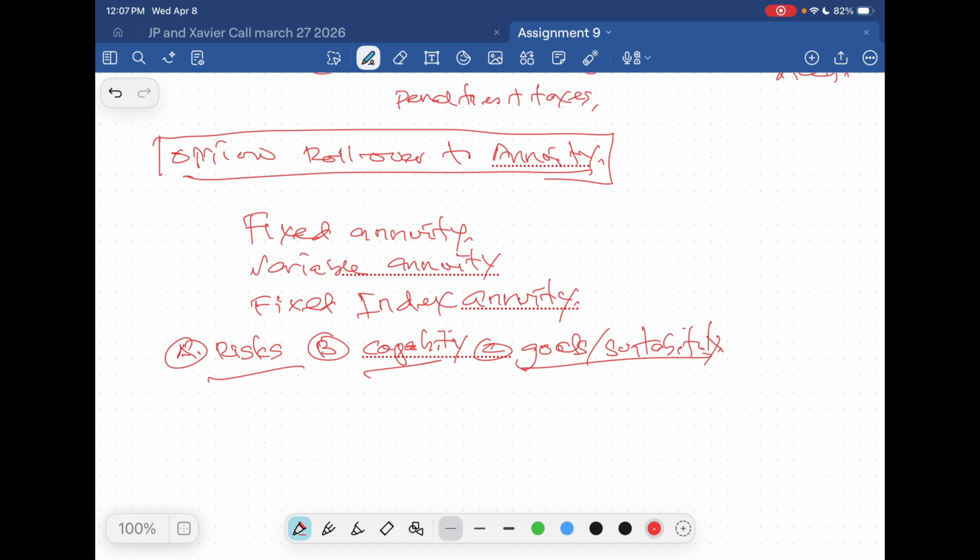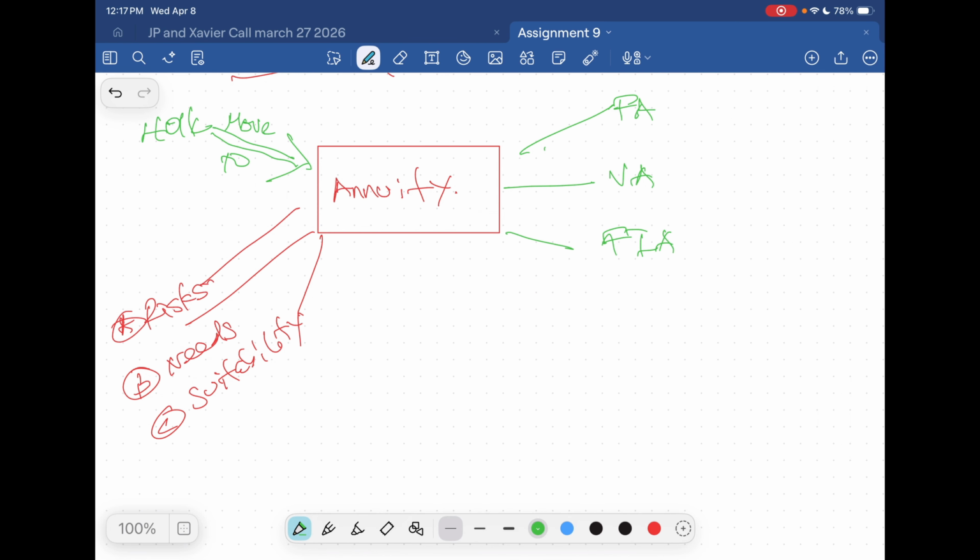So now let's talk about some features. As we talked about the 401k rollover to an annuity, let's talk about some examples of these features of annuities.